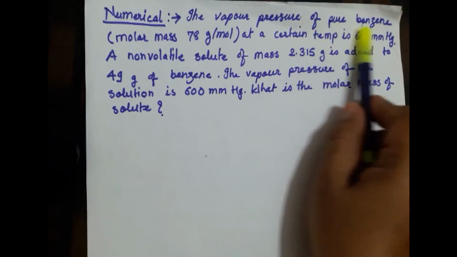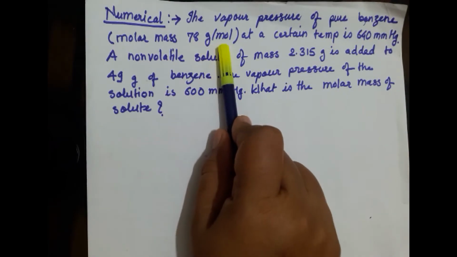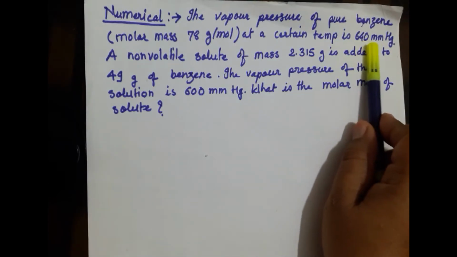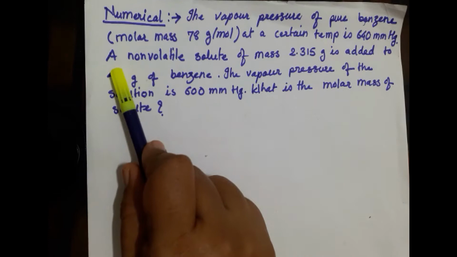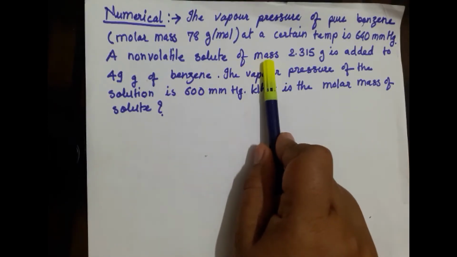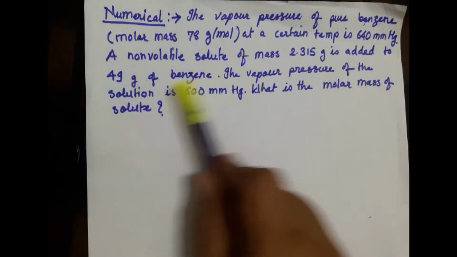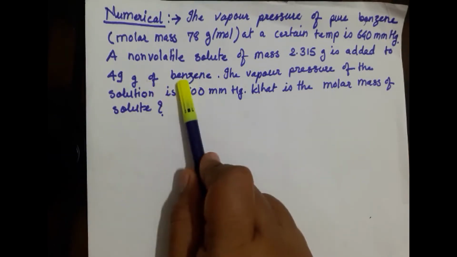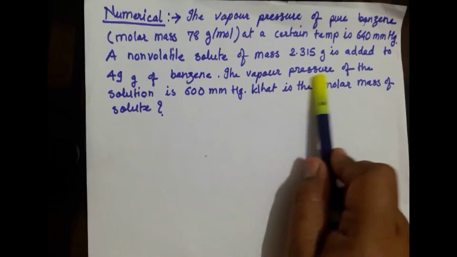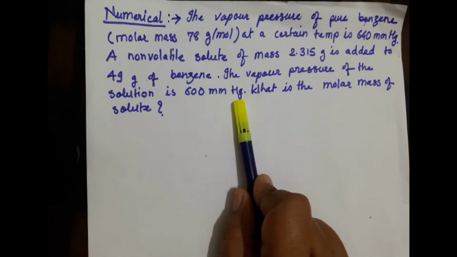The vapor pressure of pure benzene having molar mass 78 gram per mole at a certain temperature is 640 millimeter Hg. A non-volatile solute of mass 2.315 gram is added to 49 gram of benzene. The vapor pressure of the solution is 600 millimeter Hg.